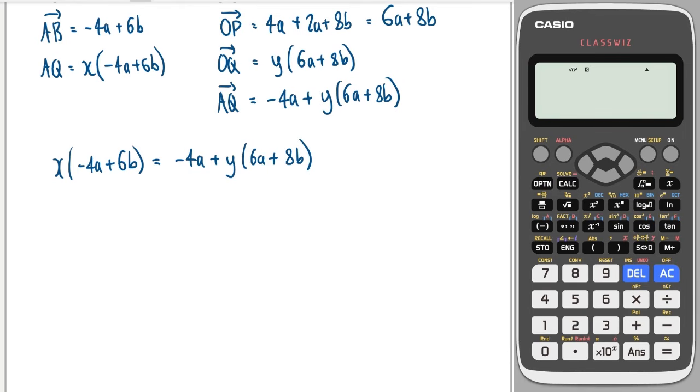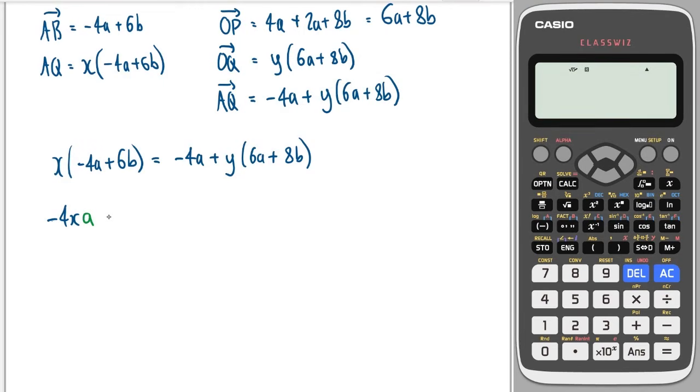So I'm going to expand out and I'm going to then write them in terms of a and b. So the first term I'm going to get out by expanding these brackets is minus 4x a plus 6x b, and that's equal to, how many a's are we going to have?